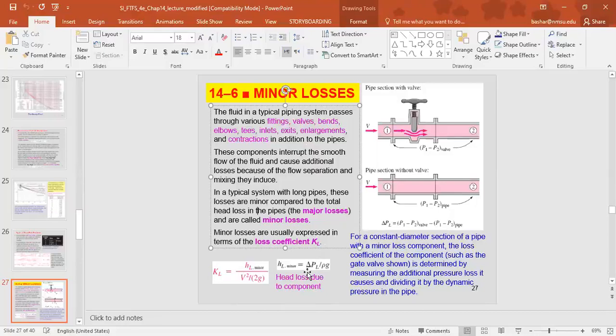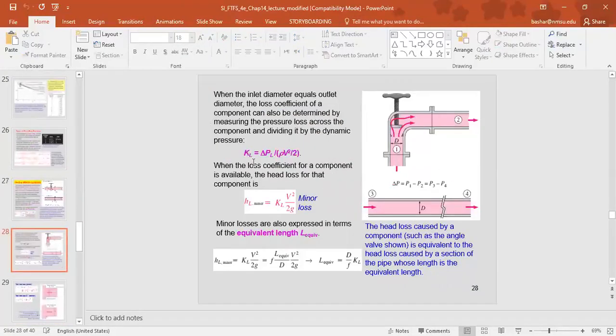So the minor pressure loss divided by rho g gives us the minor head loss. So the loss coefficient is related to the pressure loss through this equation as well. And this is the minor head loss. Again, it equals the loss coefficient times V squared divided by 2g.